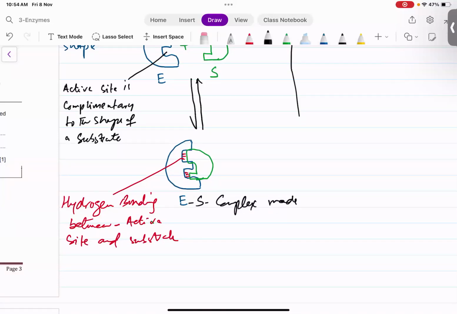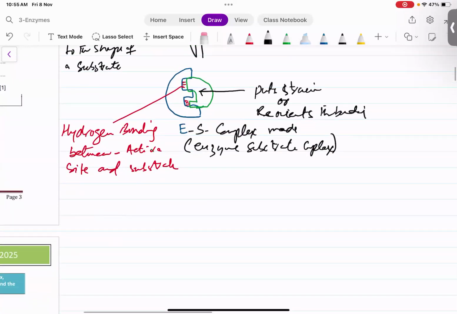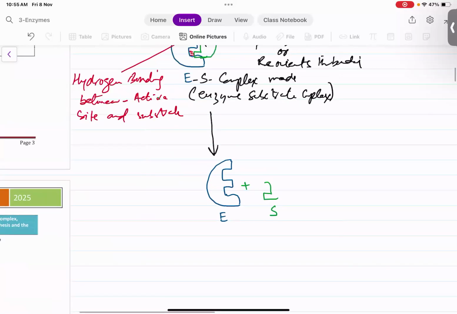Now, as this enzyme makes hydrogen bonding with the substrate, it may put strain on some bonding in a substrate molecule, or reorient the bonding, or bring the substrate molecules together so that a substrate is converted into the products and the enzyme remains unchanged.